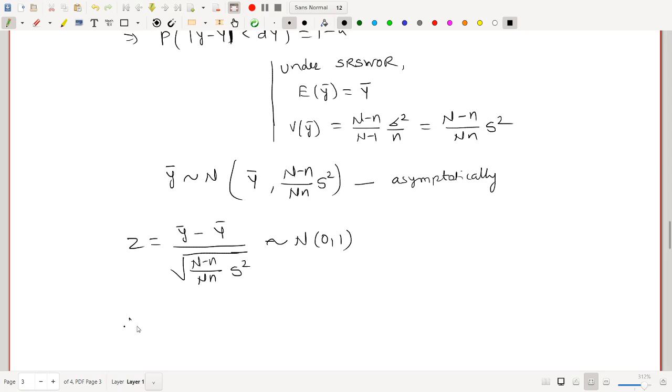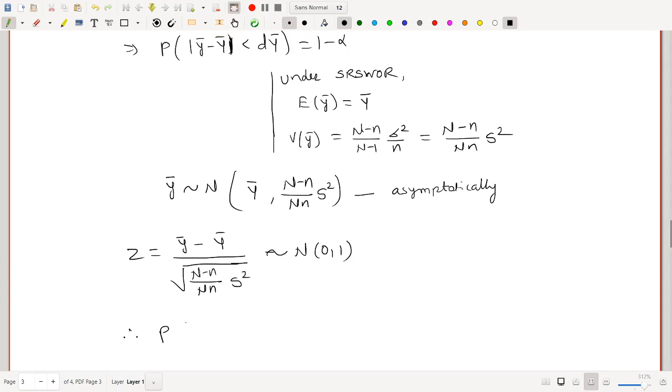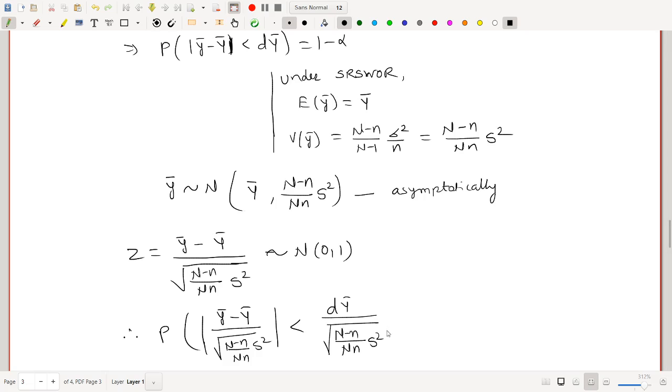Therefore the probability of mod of small y bar minus capital Y bar divided by root of N minus n upon N n S square is less than d Y bar divided by root of N minus n upon N n S square is equal to 1 minus alpha.